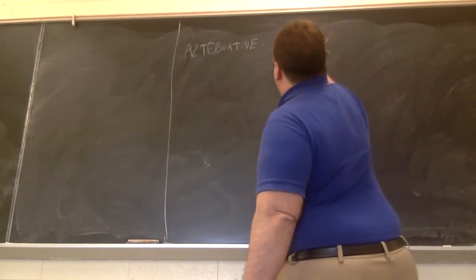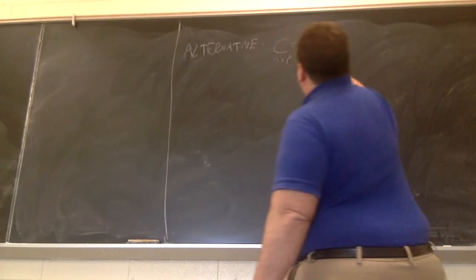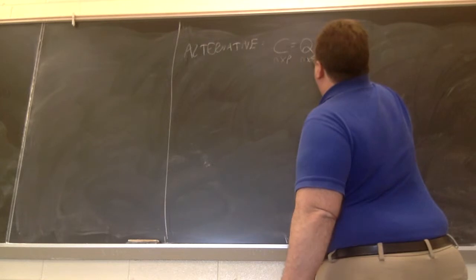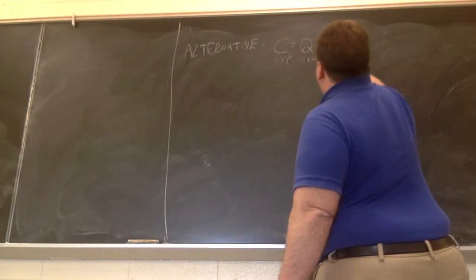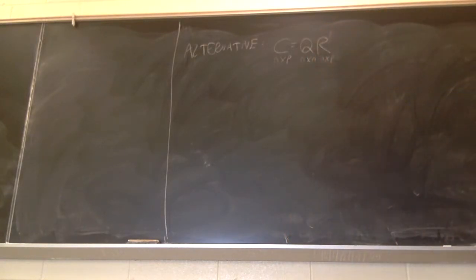Now C is n by p. Q is going to be n by n. R is going to be n by p.